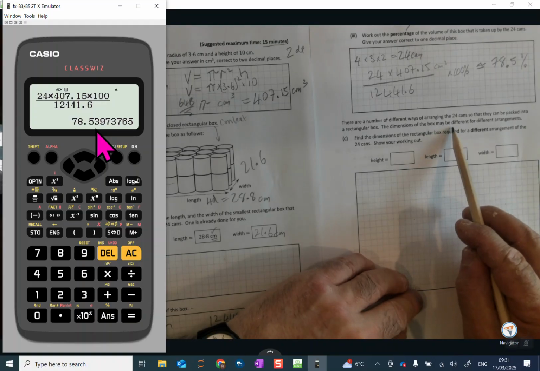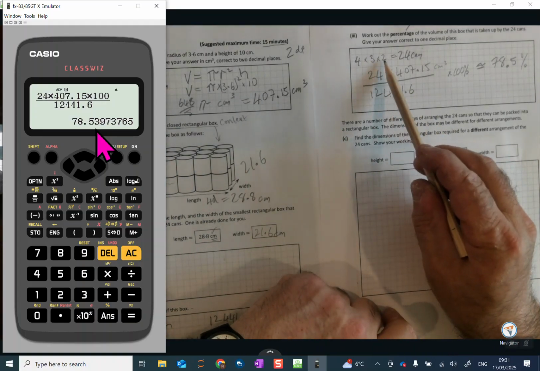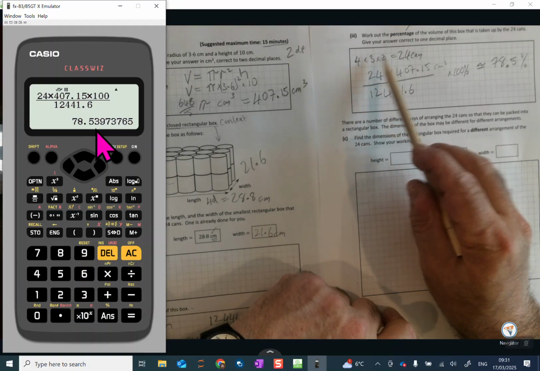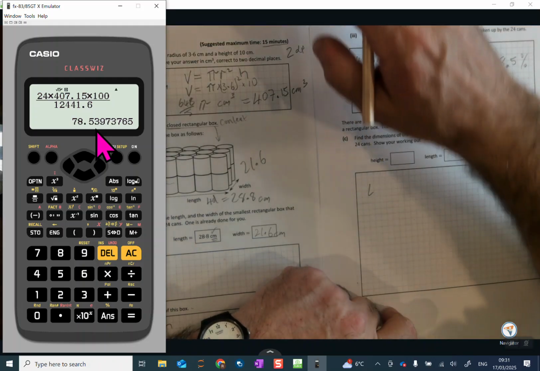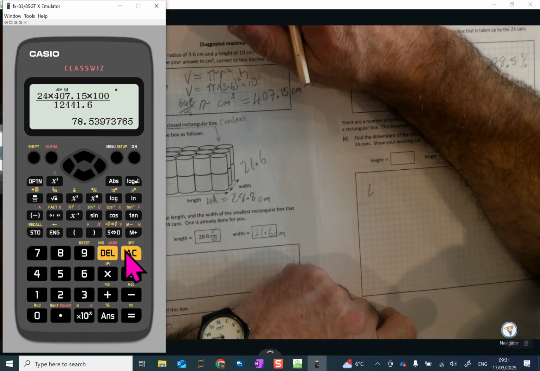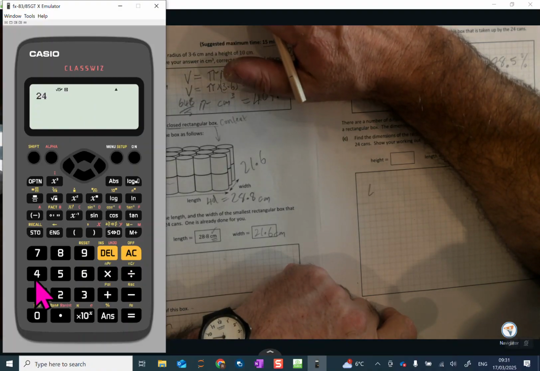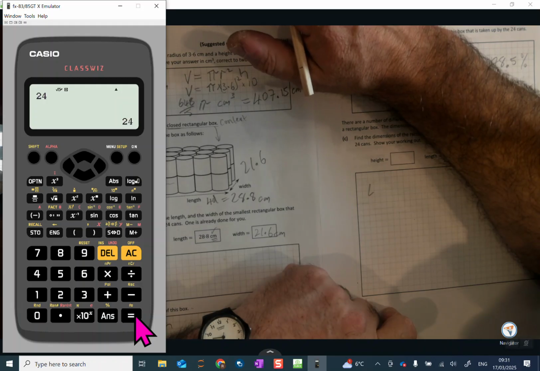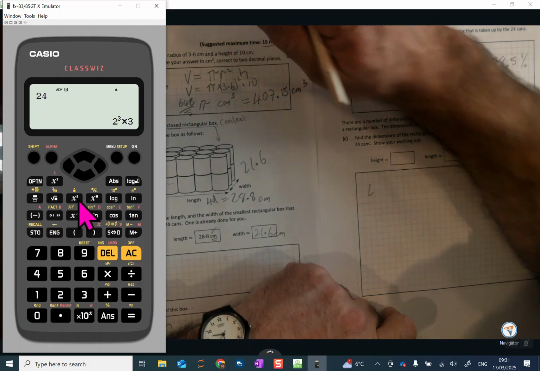So yeah, they're getting into number theory now, and the fact that we have 4 by 3 by 2 could have been 2 by 6 by 4. We can shuffle. Basically what we want to do is look at the prime factors of 24, but let's do that now. Let's say we know 24 is the volume, and it's all about the prime factors of 24 now in terms of what are our options.